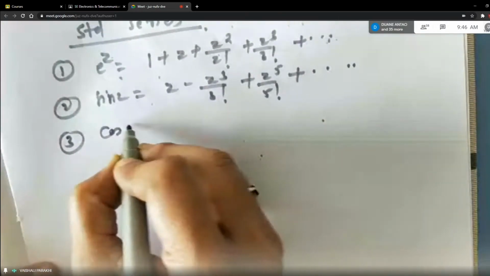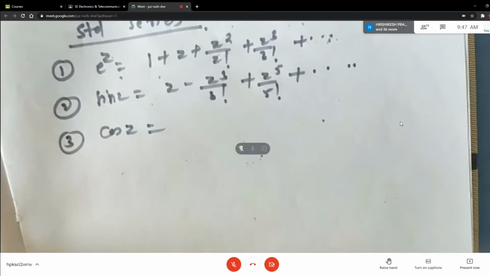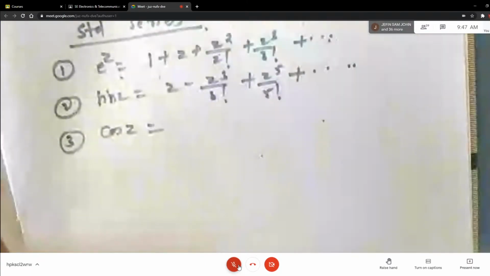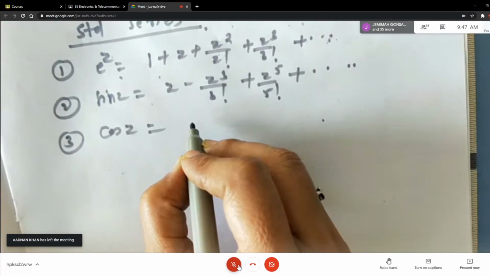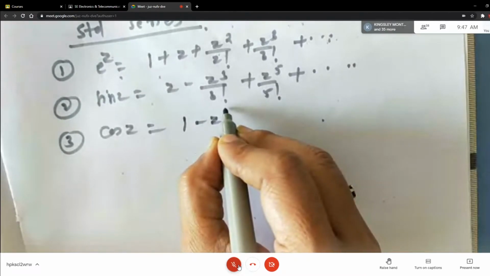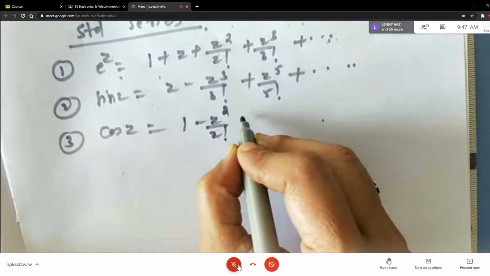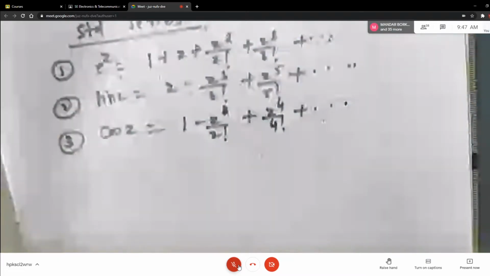Then the next is the cos function. How do you write the cos function? Cos z is 1 minus z square by 2 factorial plus z raised to 4 by 4 factorial and so on. Correct?